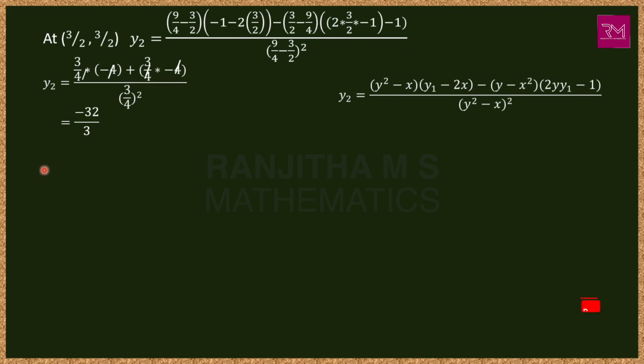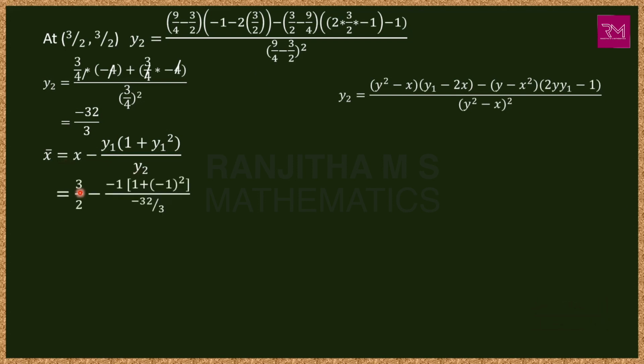After finding y1 and y2, we have to find x bar, which is equal to x minus y1 into (1 plus y1 squared) divided by y2. Here substitute y1 as minus 1, y2 as minus 32/3 and x as 3/2. We get x bar equal to 3/2 minus y1 is minus 1, y1 squared is (minus 1) whole squared, divided by y2 is minus 32/3. That becomes 3/2 minus, here minus 1 into (1 plus 1) is 2.